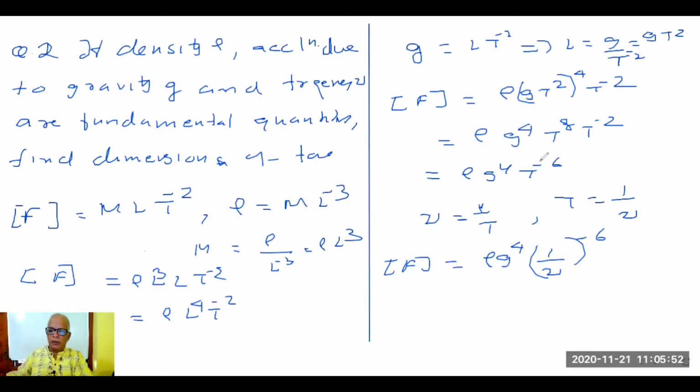Sorry, plus 6 it is. So rho g raised to 4, nu raised to 6 is the required answer. This has come in entrance examinations.